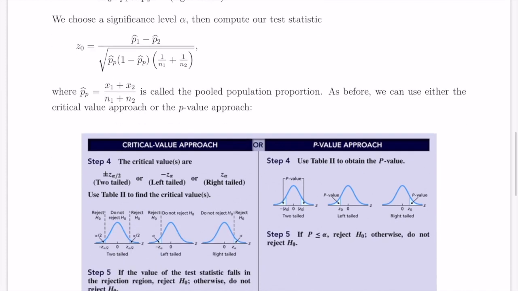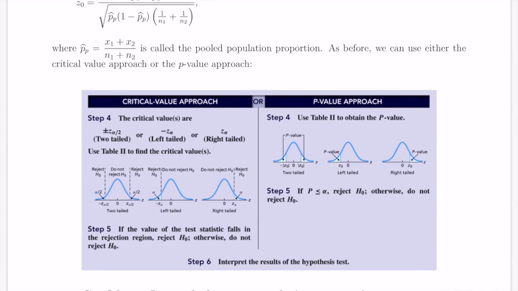But you can do either the critical value or the p-value approach. So again, once you have your significance level alpha, you can compute your critical values. Then if your test statistic lies in the rejection range, you reject the null hypothesis. If it does not lie in the rejection range, you do not reject the null hypothesis. Remember that the critical values are part of the rejection range, as always.